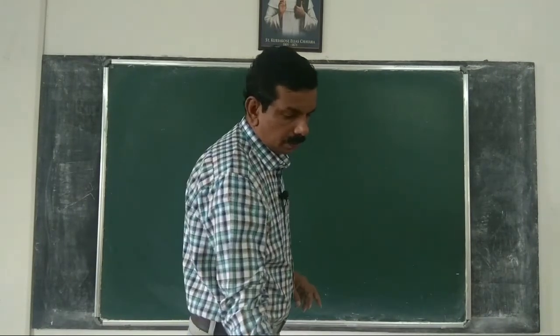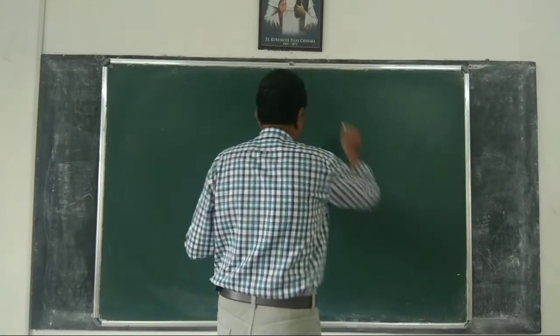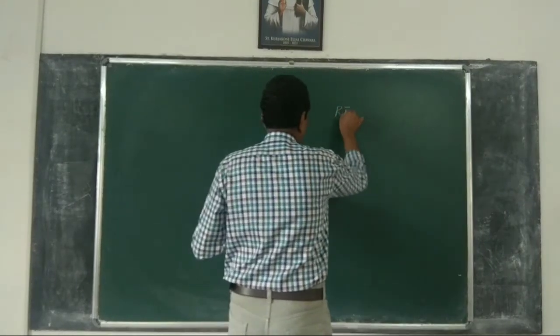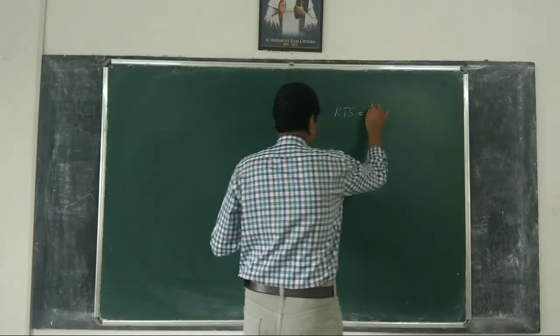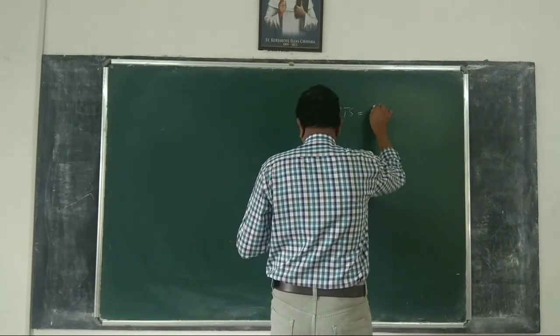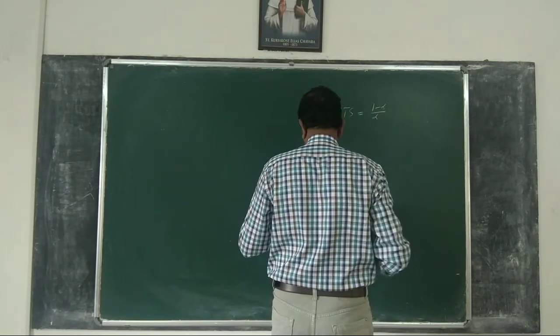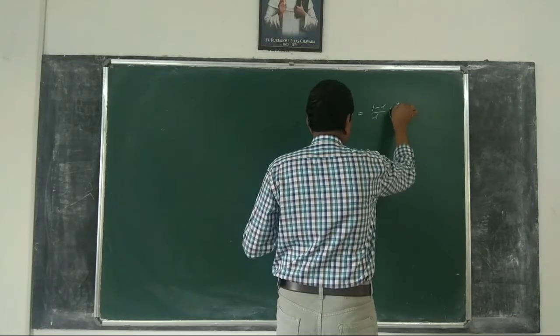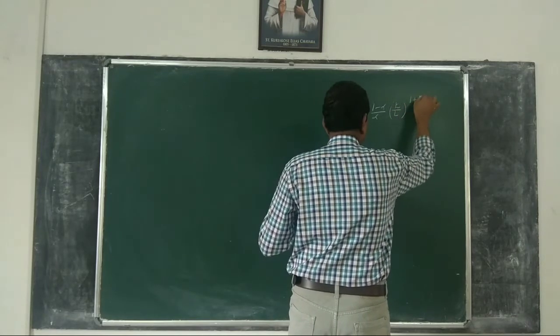We have earlier defined the RTS for the CES production function as 1 minus alpha by alpha into K by L raised to 1 plus beta.